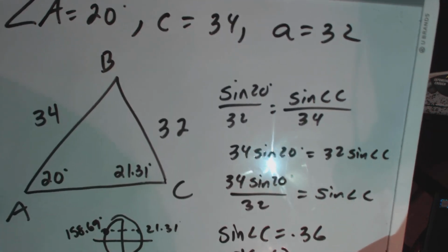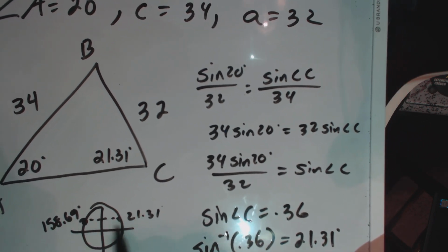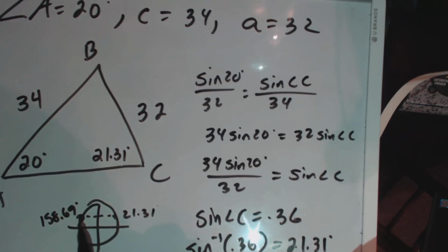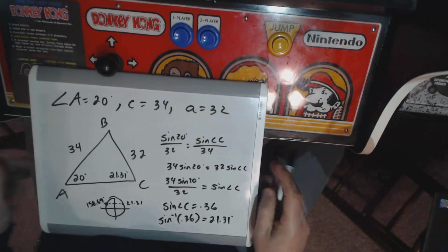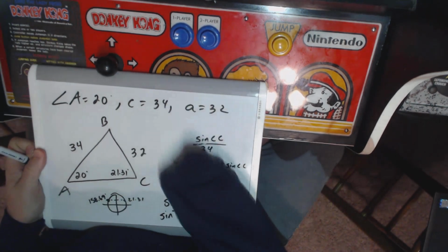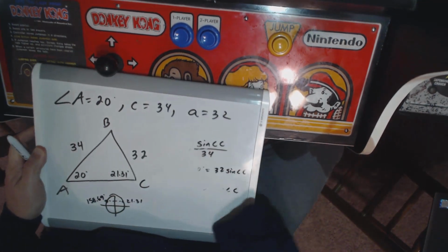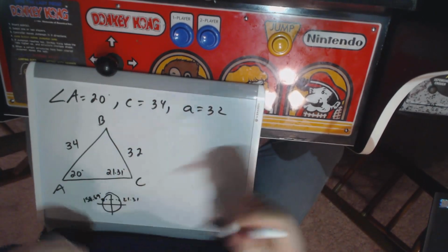Here's why we're doing this. 21.31 and 158.69 have the same sine. If you don't believe me, pause it and check it out, okay? But here's what I have to do, okay? I have to come over here and draw another triangle.